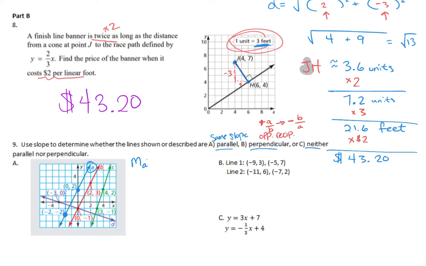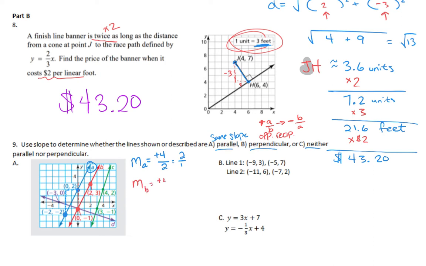So the slope of line A is going up 1, 2, 3, 4. So up 4, and then right 2. So up 4 over 2. I could reduce that. All right, then we could look at line B. Line B, we'll pick the 2 points on line B, and I'll count up 1, 2, 3, 4.